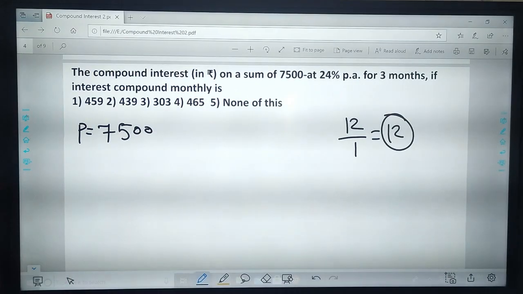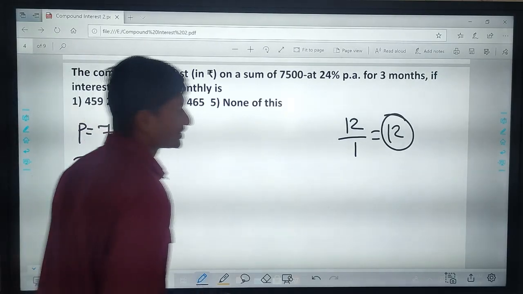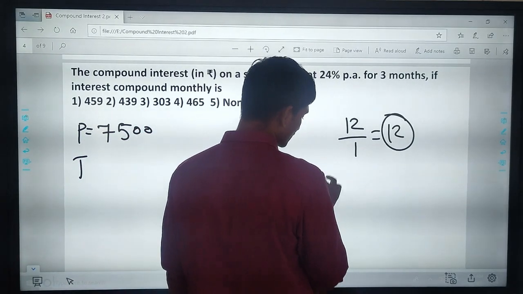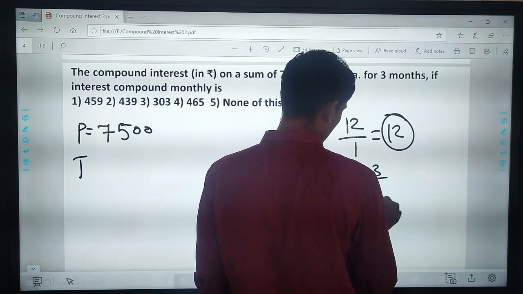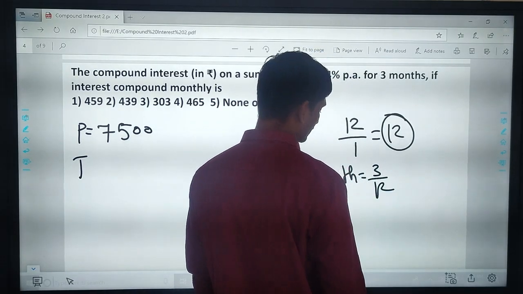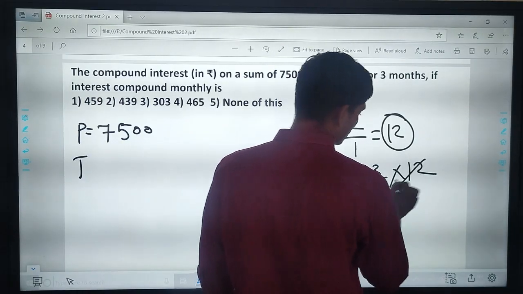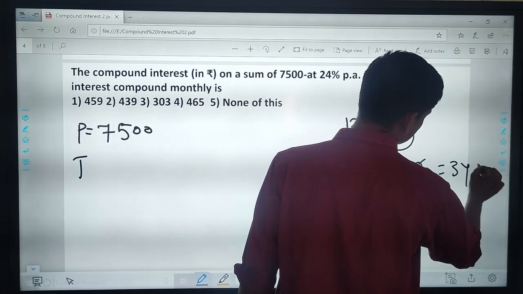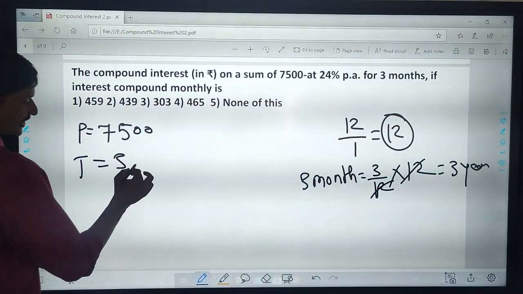Now for 3 months, we find the time duration. 3 months means 3 by 12 years, and we multiply this by 12. Now you get 3 terms.